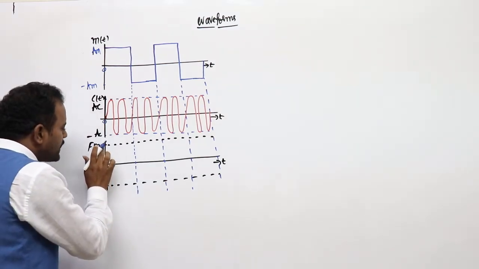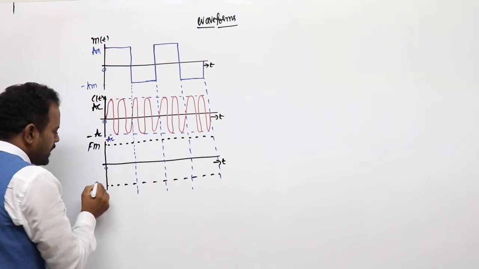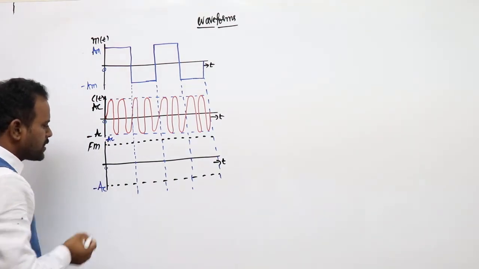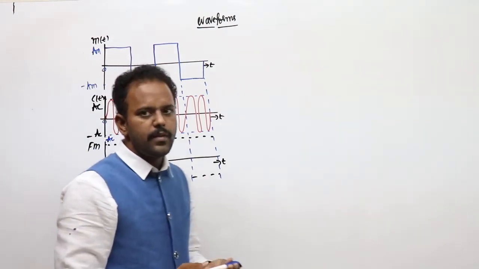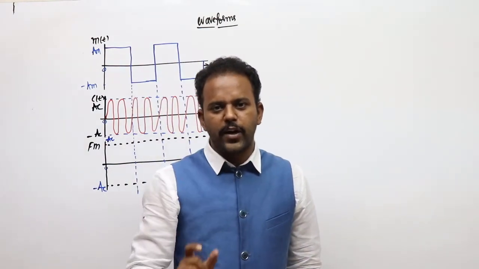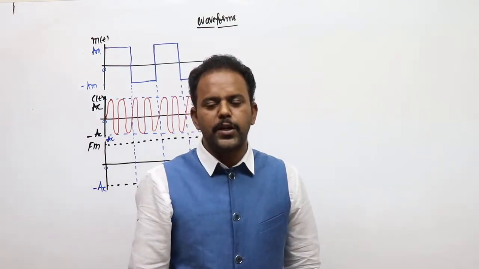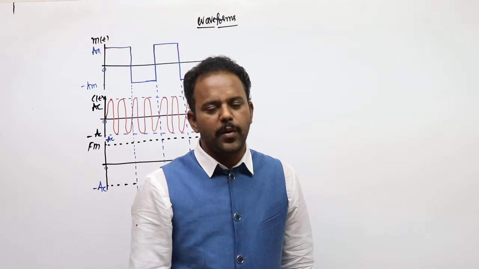So there is no change in the amplitude of a carrier. So the same Ac, minus Ac. That is the first important point. In FM signal, there is no change in the amplitude of a carrier before and after modulation.